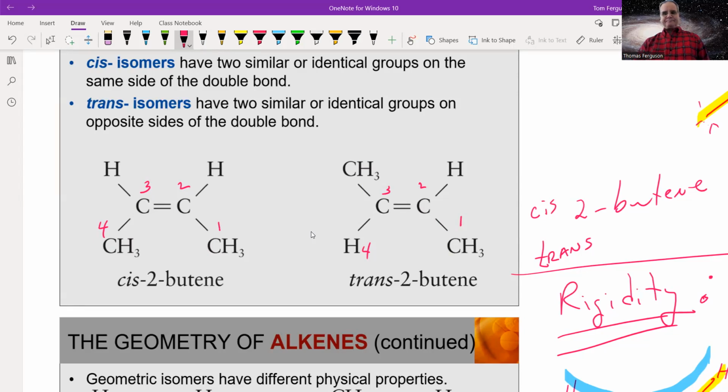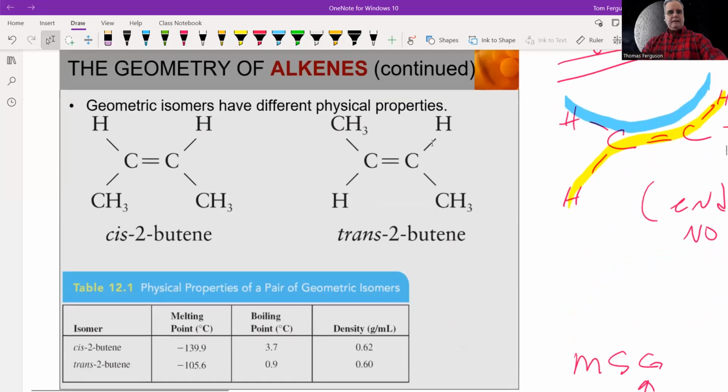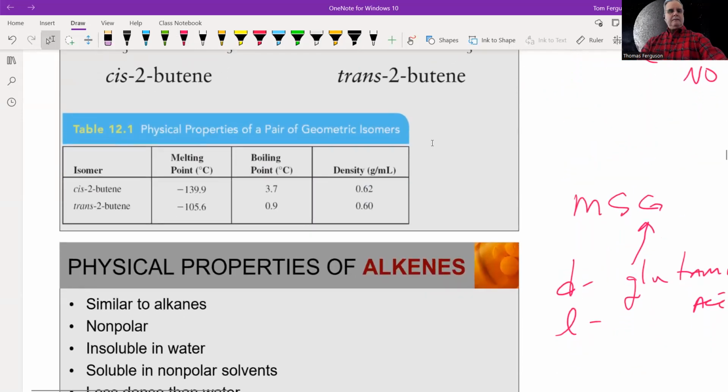Bad. The physical characteristics of cis versus trans are slightly different also. It has to do with intermolecular forces and how they align to one another.